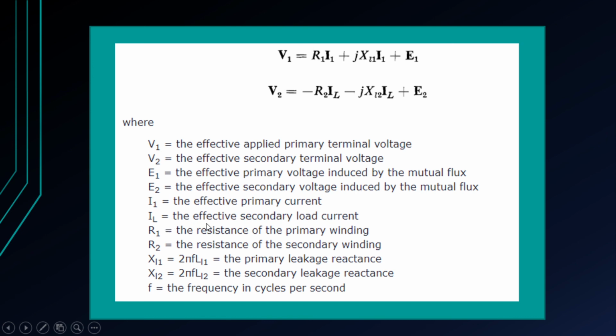I sub L, the effective secondary load current. R sub 1 and R sub 2 is the resistance of the primary winding and the resistance of the secondary winding. Then the X sub 1 and X sub 2, the primary leakage reactance and the secondary leakage reactance.